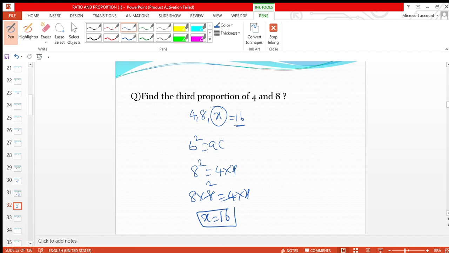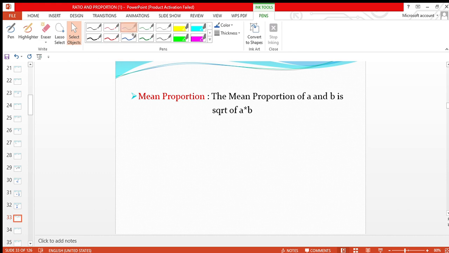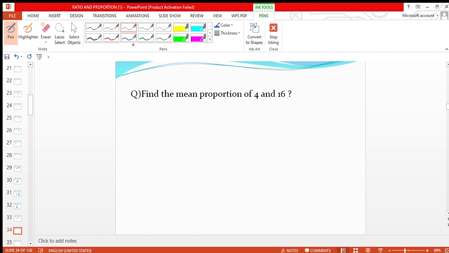Next one, mean proportion. The mean proportion of A and B is square root of A into B, under root A into B. Next, find the mean proportion of 4 and 16.